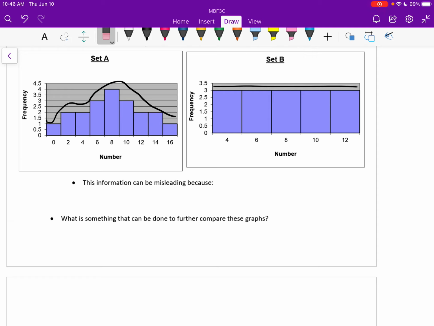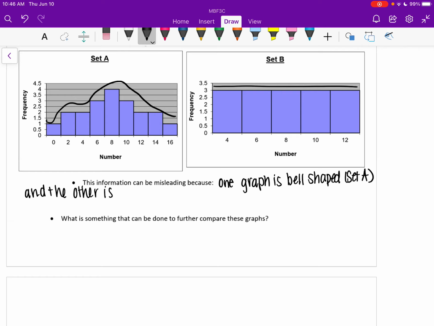A way that we can figure out and compare these graphs, right? I'm just going to write this down, sorry. Because one graph is bell-shaped, right? So set A is bell-shaped. Other is uniform.